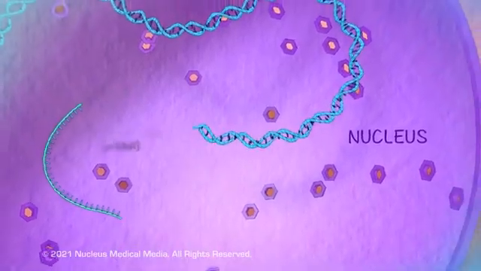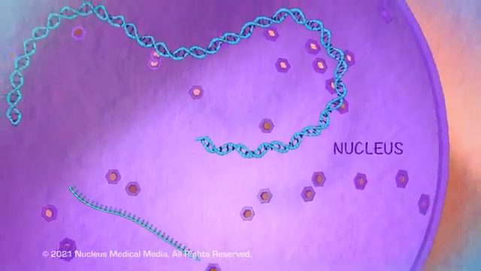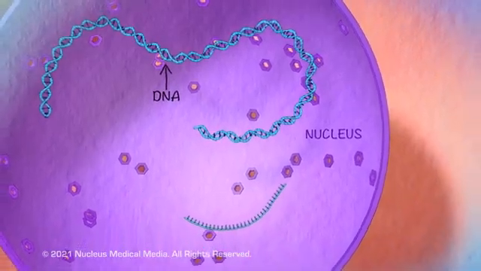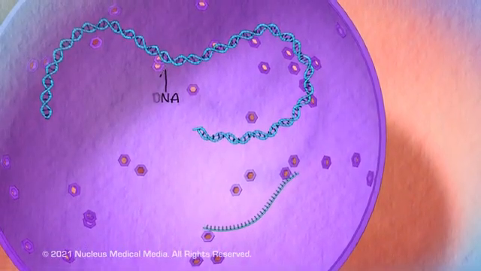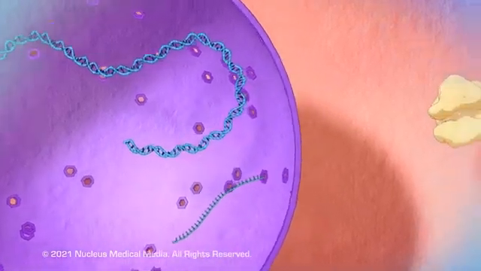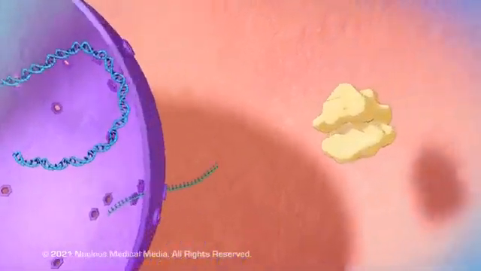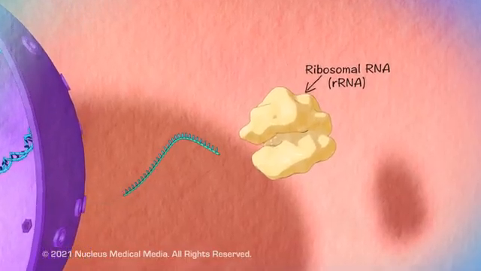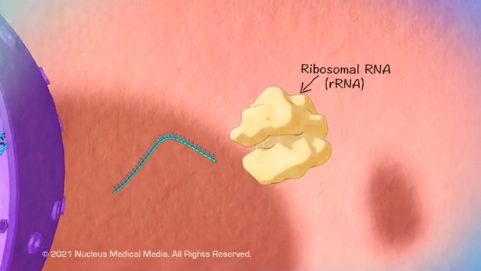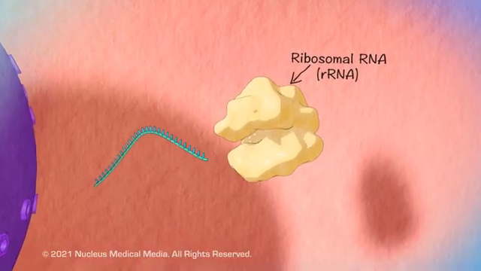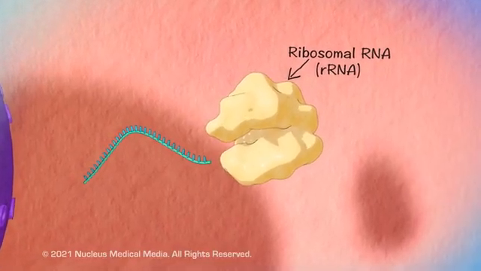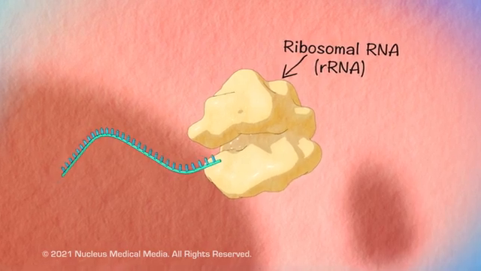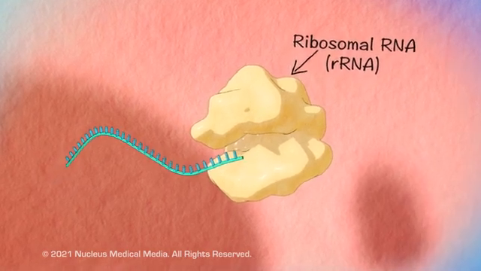Here it transcribes or copies the instructions for assembling a protein from a portion of the cell's DNA. Next, the messenger RNA takes these instructions or protein recipe to a ribosome in the cytoplasm. The ribosome, which is made out of ribosomal RNA and proteins, is the site where this recipe is read and translated into a protein.